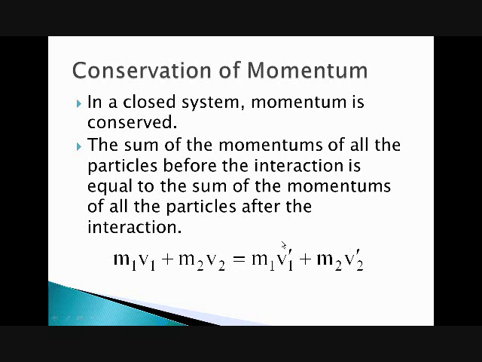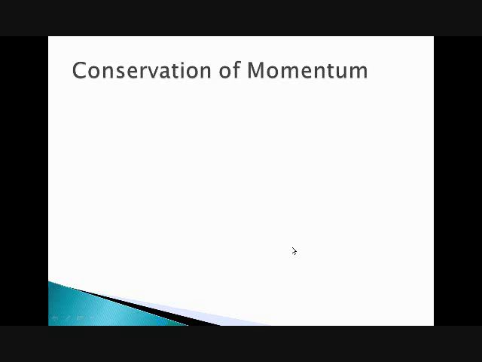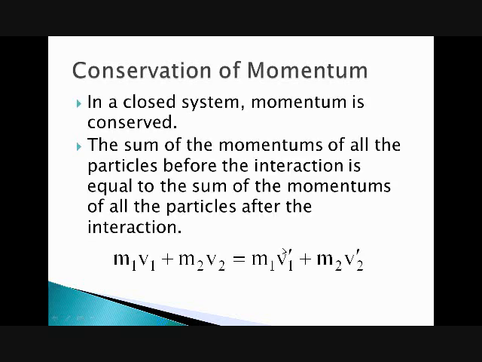On the other side of the equation, we have mass 1 times its new velocity. That's what this prime mark means. Plus mass 2 times its new velocity.